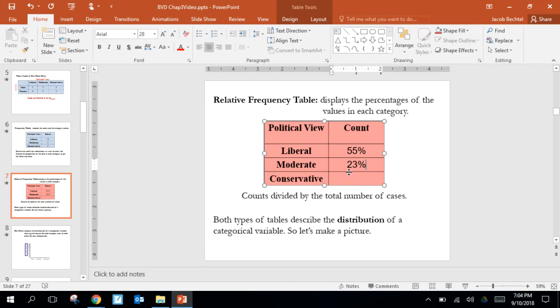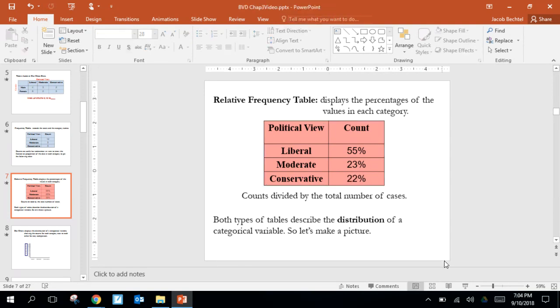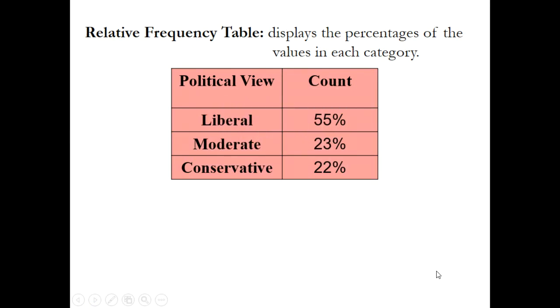Now, because I'm rounding, these are not going to add up to 100%. In fact, I adjusted conservative downward in order to affect that rounding. Probably what I should have done is left moderate and conservative both at 23 and left liberal at 55. And yes, it rounded over to more than 100%, simply because we were rounding off that decimal place.